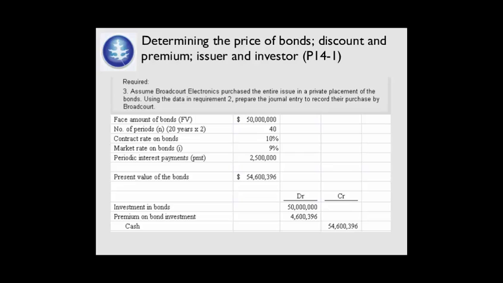They would debit investment in bonds for $50 million. They would debit premium on bond investment for the difference between the present value of the bonds and the face value. So that's $4,600,396. And then they need to record the consideration given for the investment, which was a credit to cash of $54,600,396.